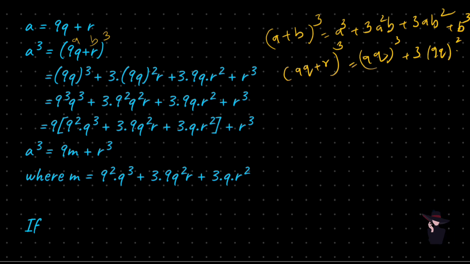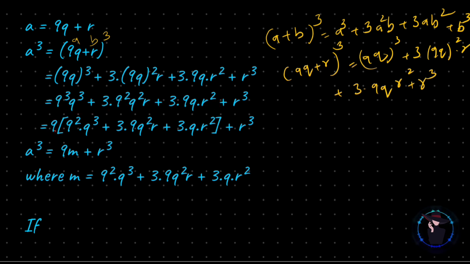Plus 3ab square. 9 cube and q cube, let's separate it. 3 into 9 square q square are separated. 3 into 9 into q into r square separated, plus r cube. Okay, so let's take 9 common from all of these.